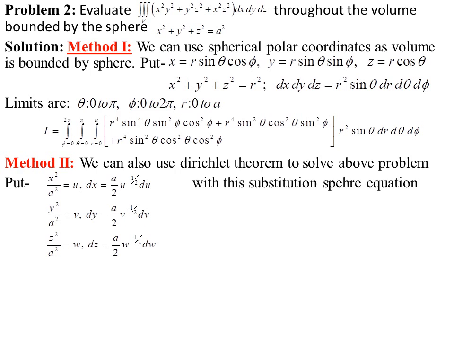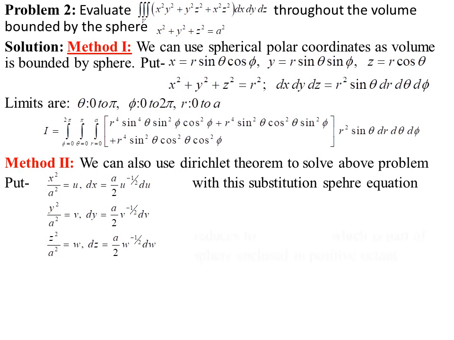Hence dx we will get as a by 2 into u raised to minus half into du. Similarly y square by a square is equal to v, and hence dy will become a by 2 into v raised to minus half into dv. Similarly z square by a square, which is equal to w, dz will become, with this substitution, a by 2 w raised to minus half into dw.